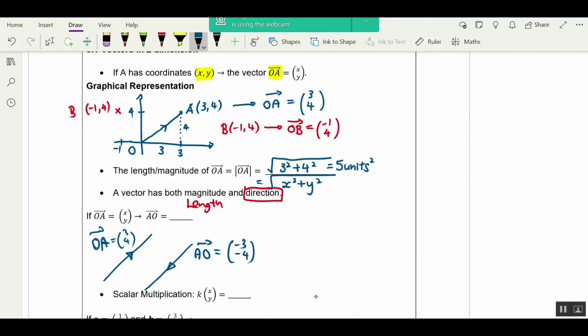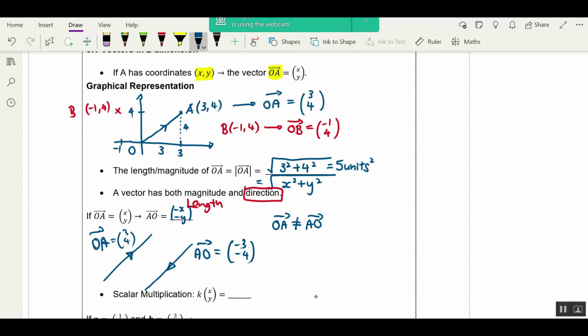It just means that it's pointing in the opposite direction. OA is not equal to AO. This is the difference between something that has direction and no direction. If you have any vector x, y, AO just means the negative of x and the negative of y.